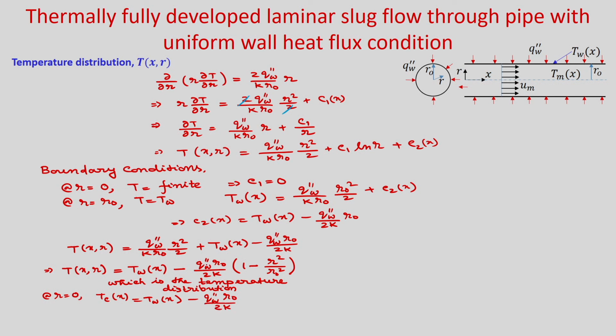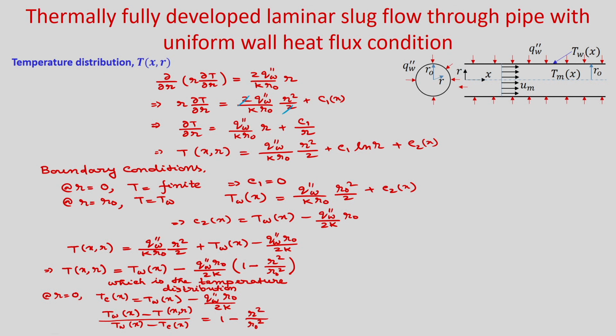If you rearrange, you are going to get this temperature profile: (Tw(x) minus T(x, r)) divided by (Tw(x) minus Tc(x)) equals 1 minus r square by r naught square.